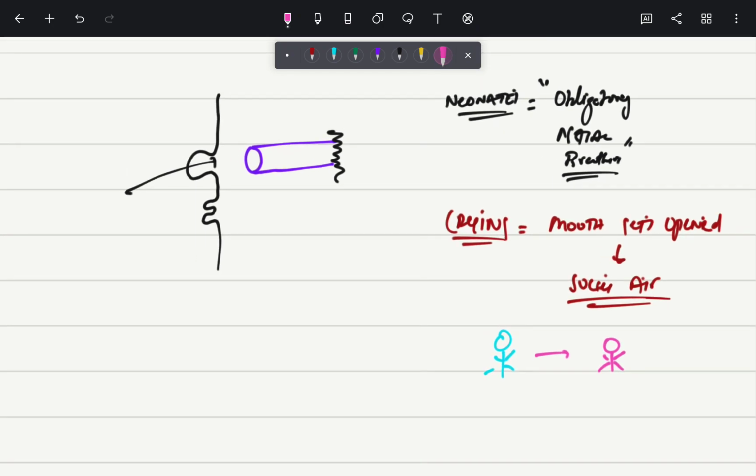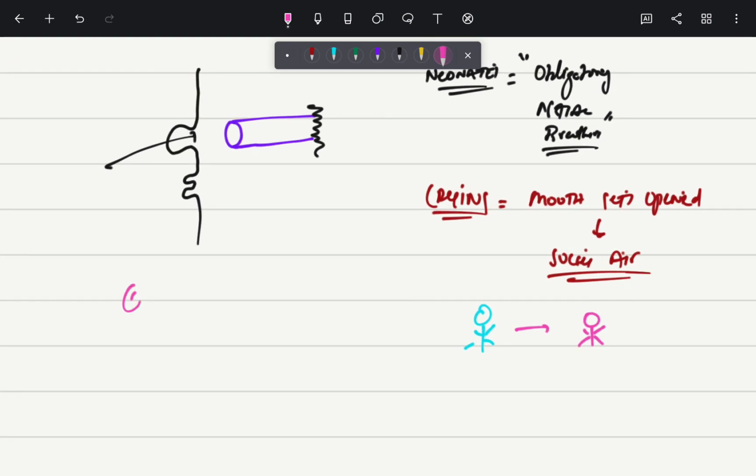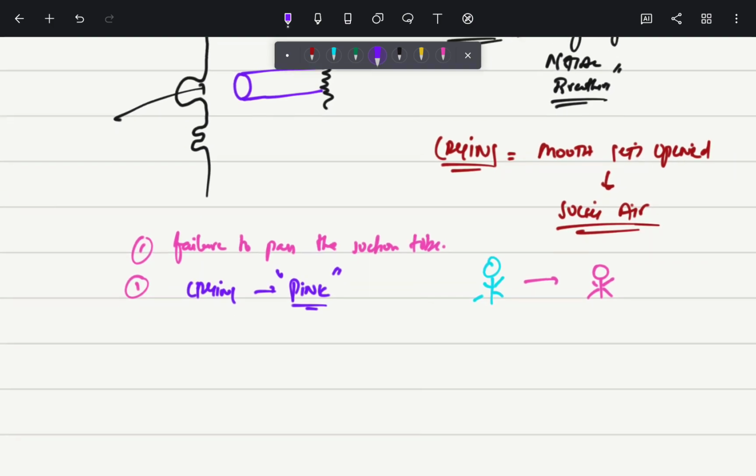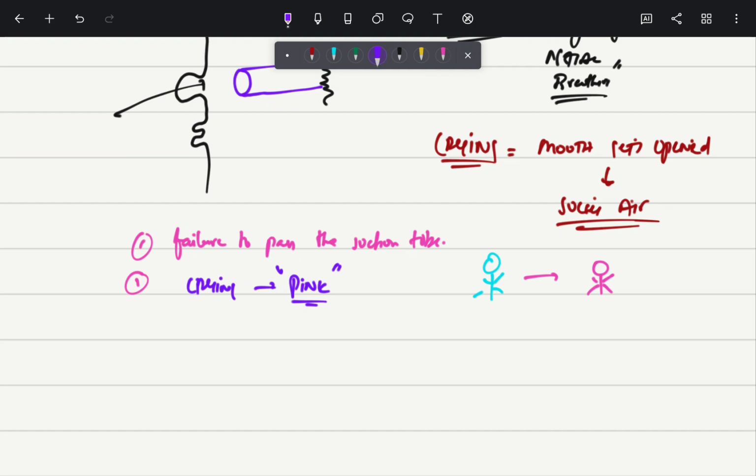That makes sense, right? So in the question paper they will say failure to pass the suction tube since there is atresia, and the patient on crying turns pink since the air goes inside and the blue patient turns pink. This is the clinical picture of this patient.